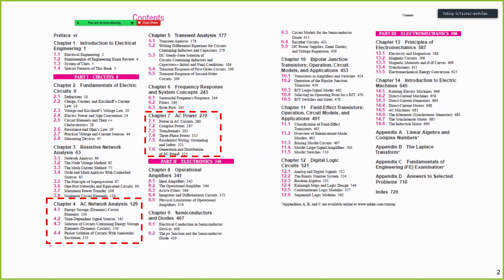Okay, so in this part we talk about AC network analysis and AC power in this chapter, but not the whole chapter, right?